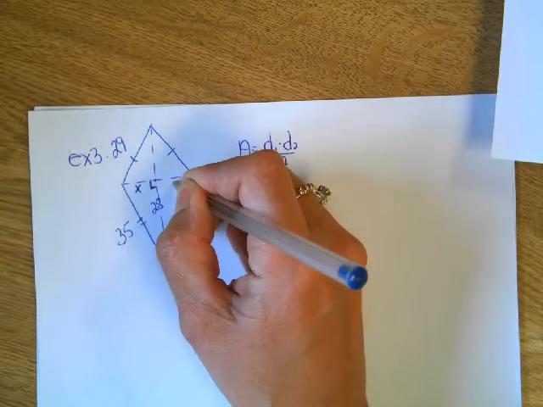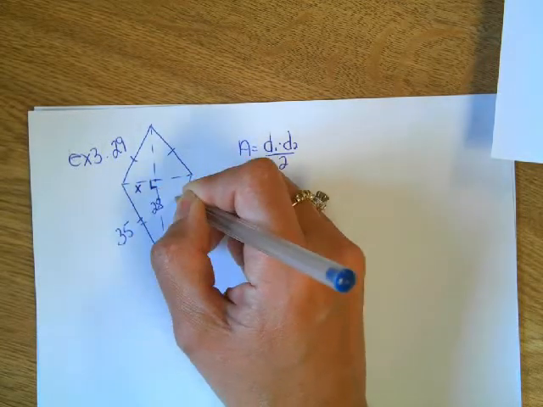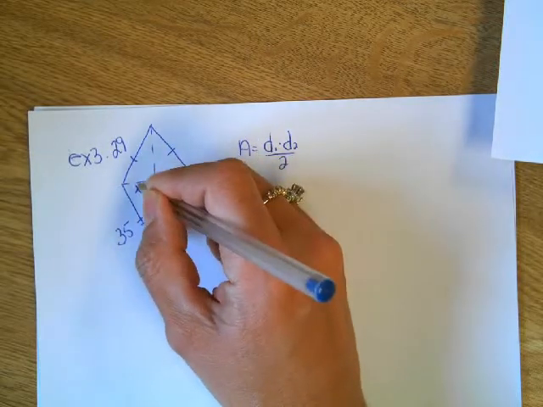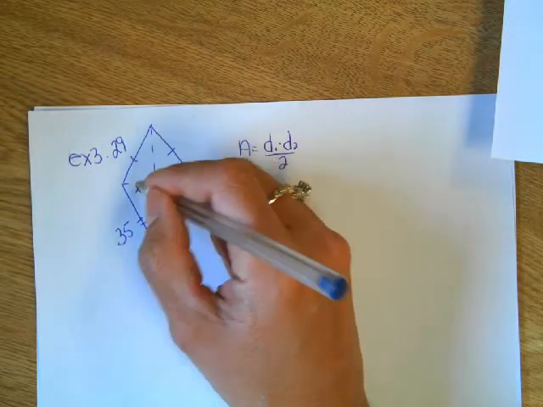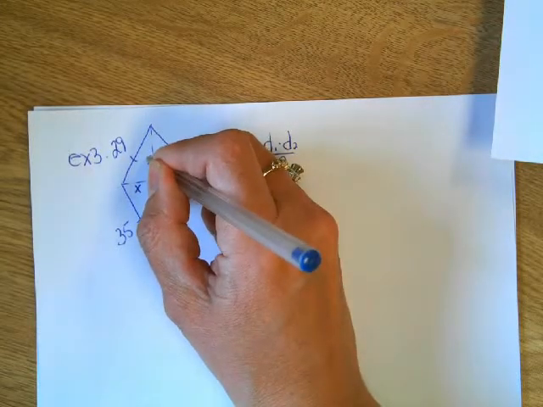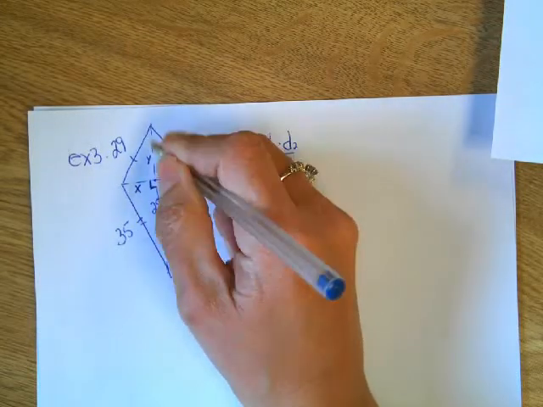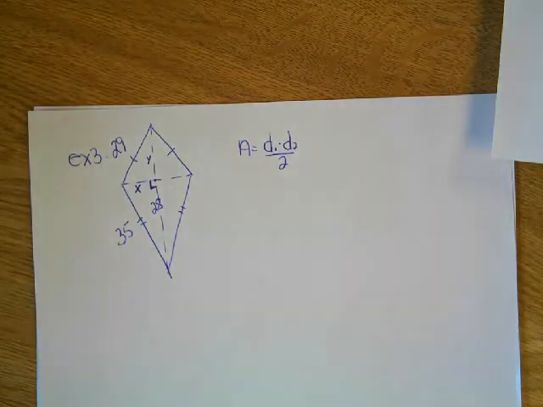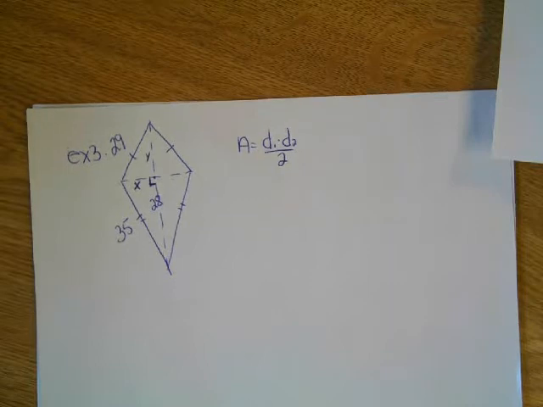And once I have this piece, this side is going to be equal, because you can see these triangles are the same, congruent. And then, so that'll give us diagonal 1. Then, once I know this one, I'll be able to do Pythagorean theorem up here and find this piece. And once I know that, that will allow me to get this diagonal length. So it's a three-parter, where two parts are Pythagorean theorem, and then the formula for area.